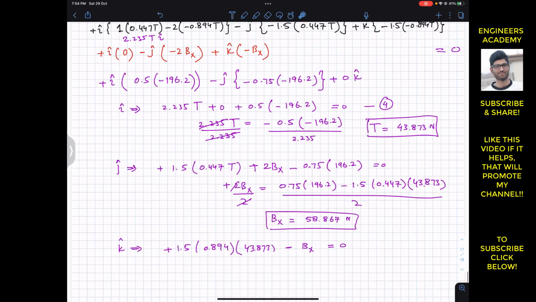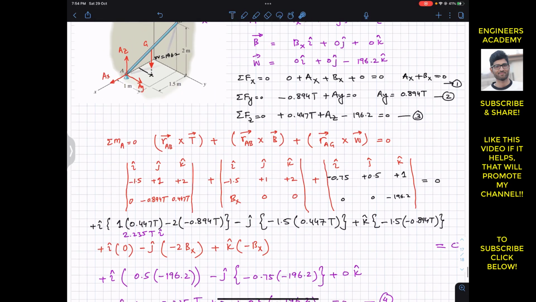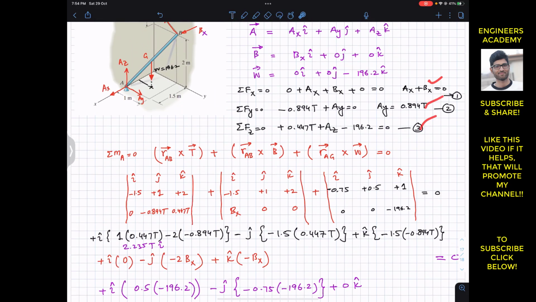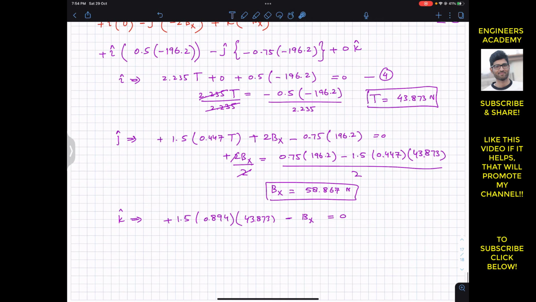Since we have got 6 equations and we have 5 unknowns, we have equations 1, 2, 3 and 4, and this equation was equation 5. So these 5 equations are sufficient to find those 5 unknowns. So this equation is of no use for solving, since those 5 equations will give us all the 5 unknowns. So this equation will verify our answers.